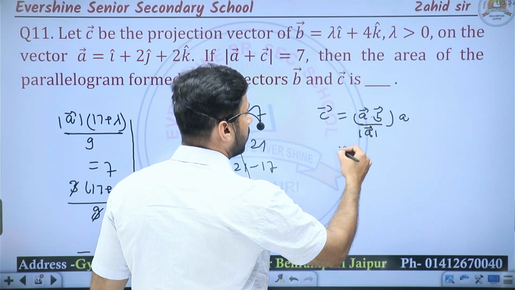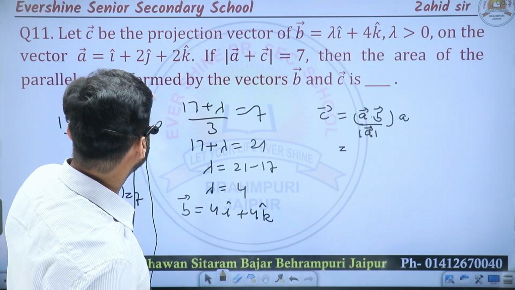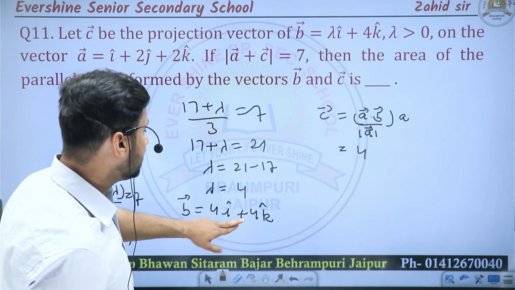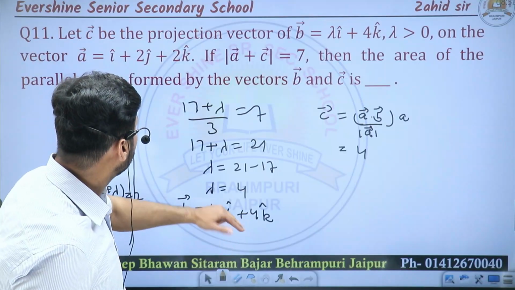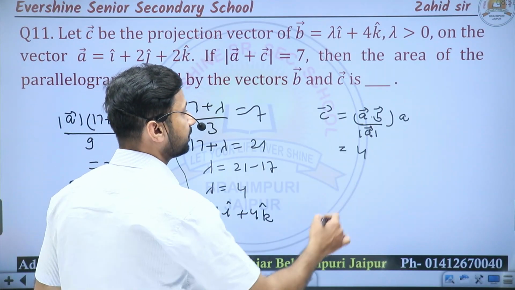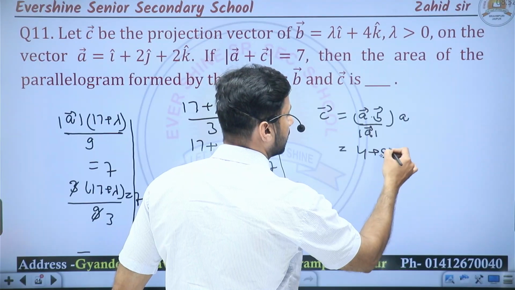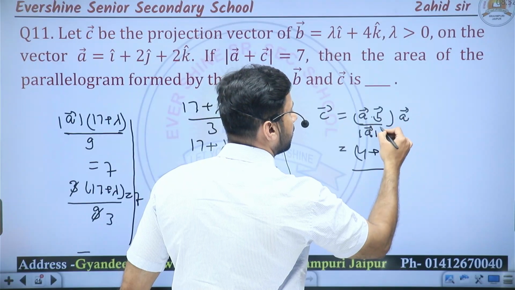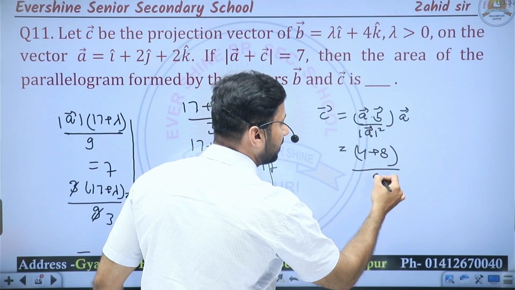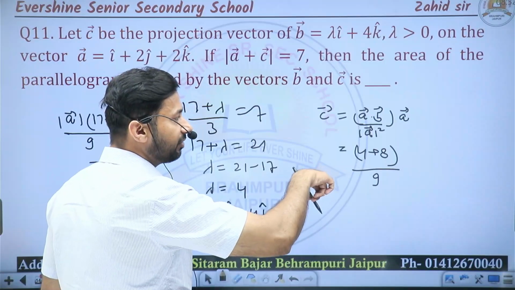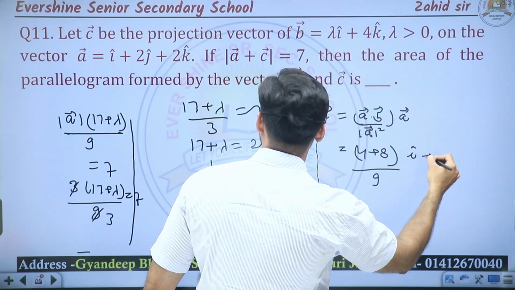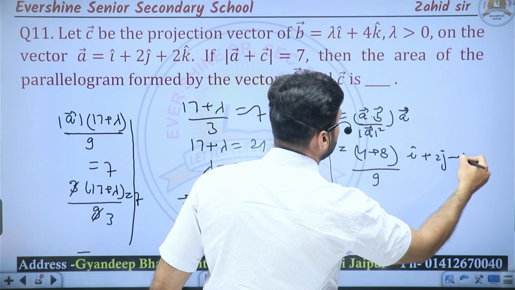So A dot B, find the dot product of A and B. So 4 ones are 4, and j is not there, so leave j. 4 2s are 8, upon magnitude of A, which is 3, square of 3 will be 9, multiplied with vector A. Vector A is i cap plus 2j cap plus 2k cap.